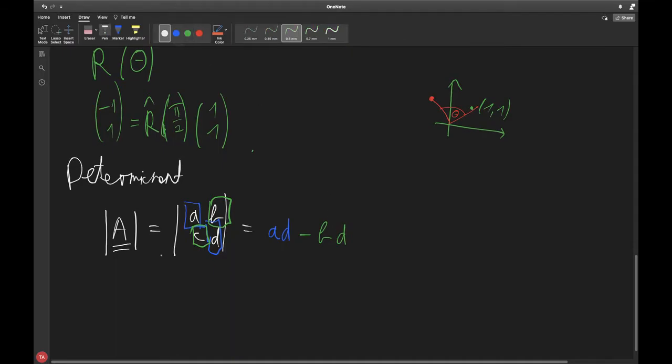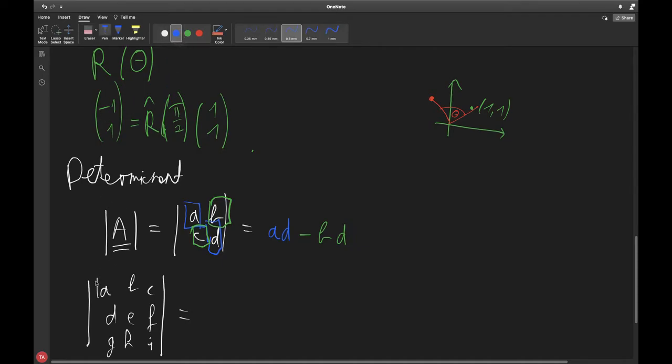That's super easy for a 2 by 2 matrix. If I have a 3 by 3 matrix, it's going to be a little bit more complicated. So if I want to do A, B, C, D, E, F, G, H, I, then what we do is that we take out this element. Oh, I should change colors.